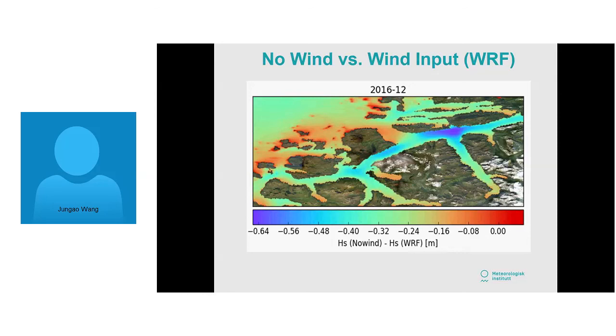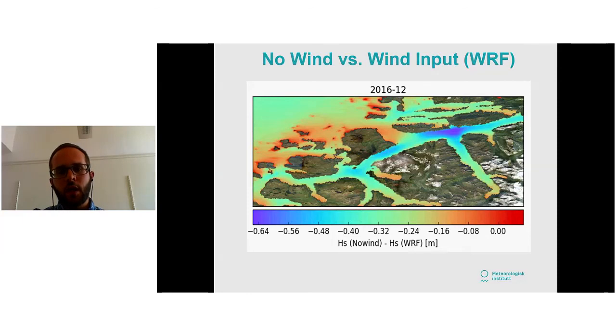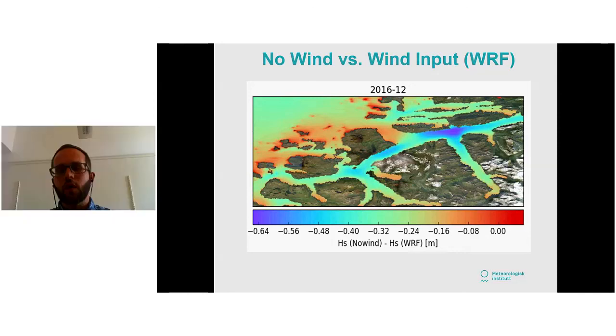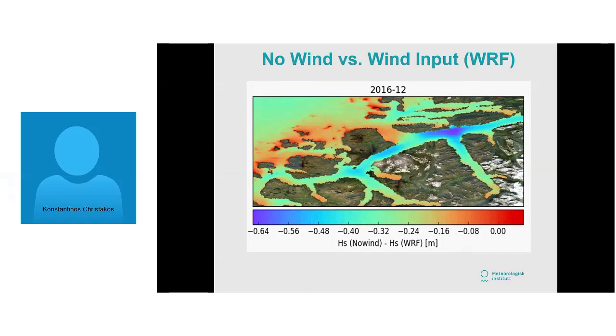No, it's dynamically in all the grid points. So at all the computational grid you have one wind input. Exactly, and this makes a difference inside the fjord. We get the winds from the atmospheric model, and that generates some local waves there that we cannot see when we have no wind forcing.